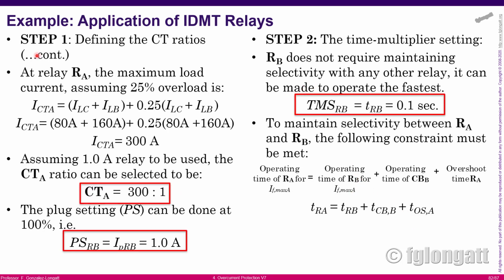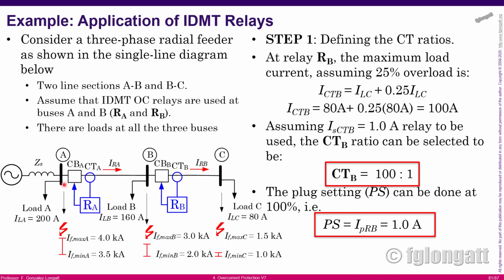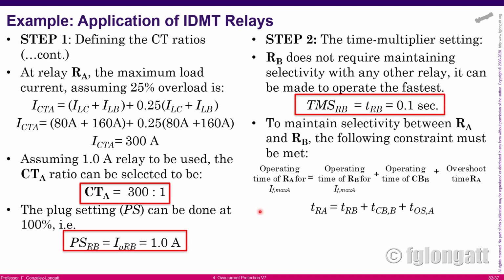Okay, then relay A. Relay A, as you can see over here, the current that is moving through this line AB should be 160 plus the current on load C, 160 plus 80, that should be around 240, but we are allowing 25% overload.